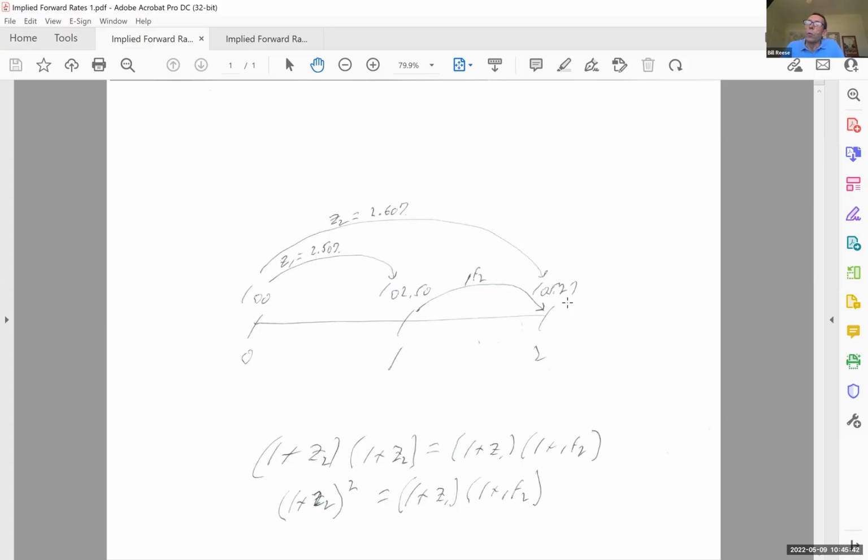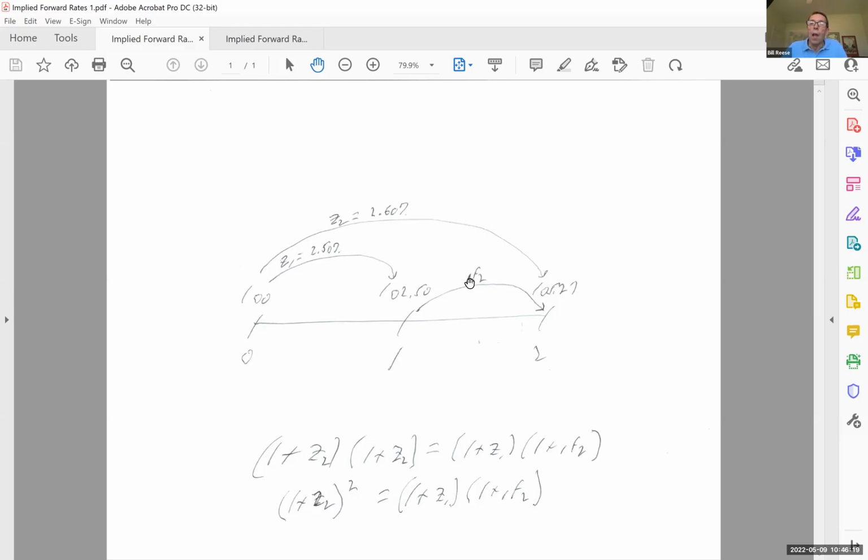The implied forward rate is the rate that, if it takes place out here in the future, will give you the same amount of money, in this case at time 2, whether you go from 0 to 2 with the 1-year treasury, with Z2, or whether you go from 0 to 1 with the 6-month treasury, that's Z1, and then roll it over from time 1 to time 2 with the 6-month treasury at that point in time, which would be 1F2, the implied forward 6-month rate 6 months from now.